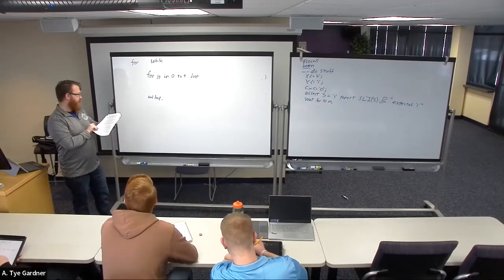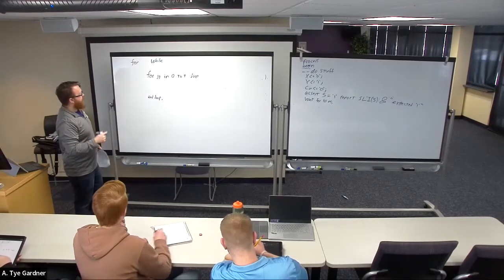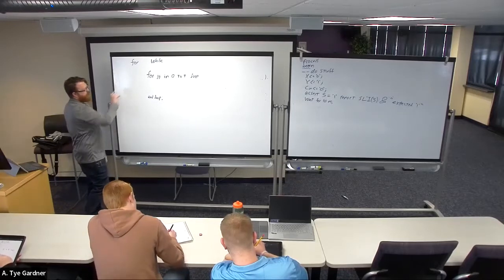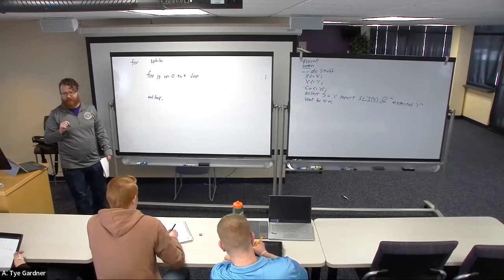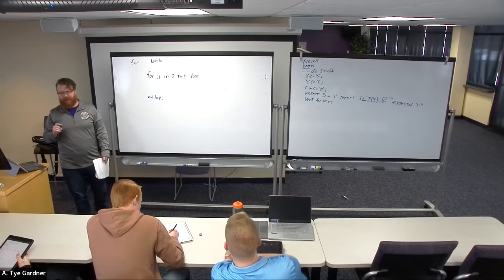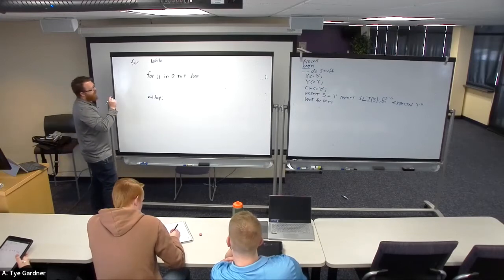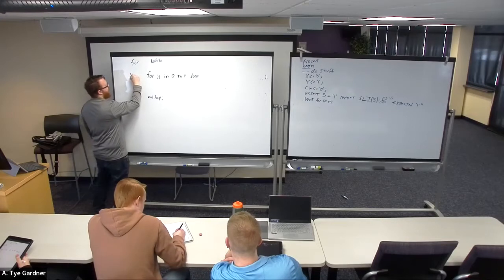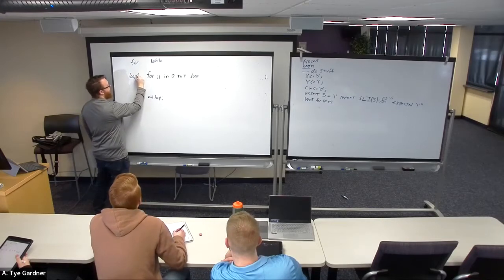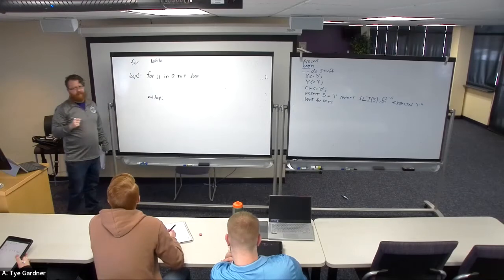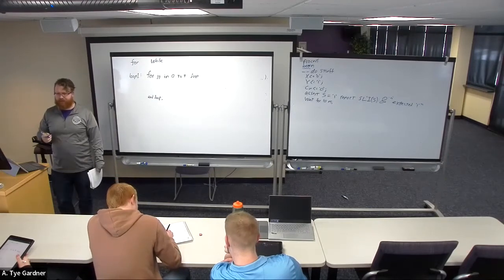One of the weird things with VHDL is that optionally you can give the loop a name. You don't have to, but you can name the loop. Sorry, I don't do this very often, and it's not in my notes, but I think I would say something like loop 1. It's now named loop 1.